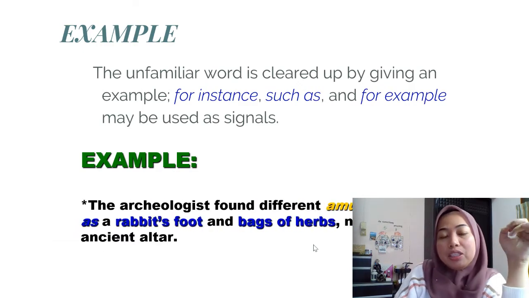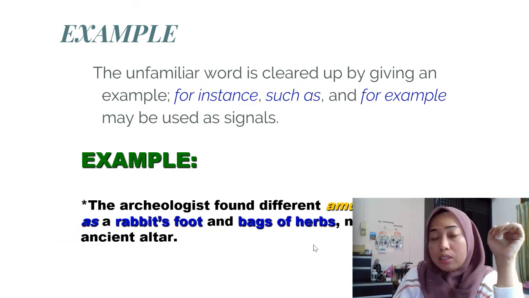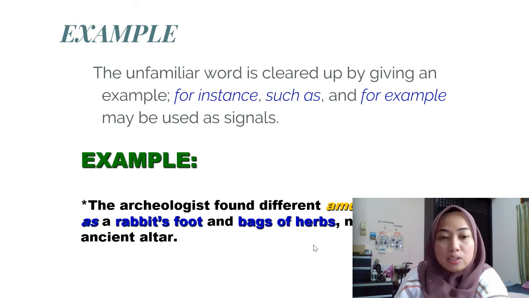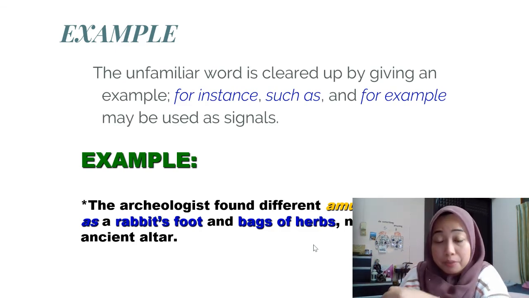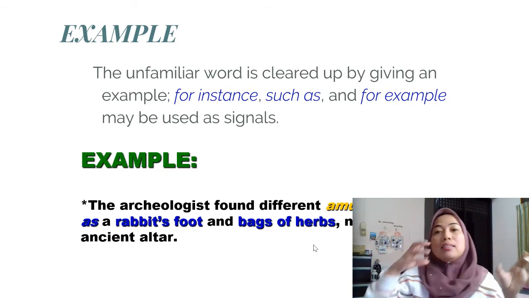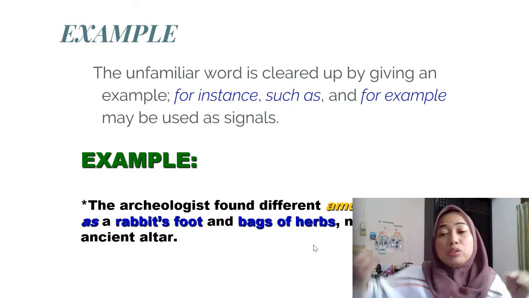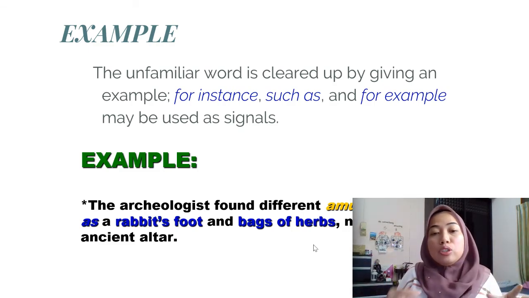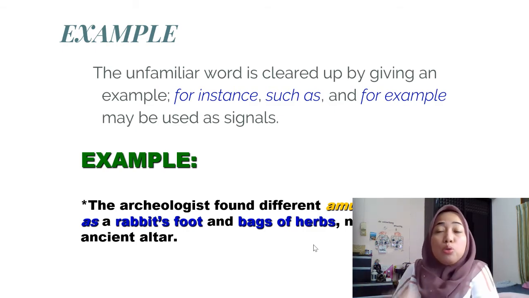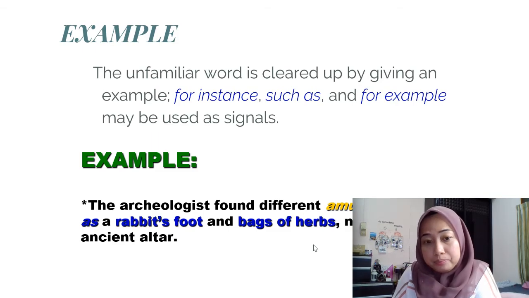Archaeologists found different amulets, such as rabbit foot, bags of herbs near the ancient altar. So amulets over here could be the unfamiliar word, and we're providing some samples or examples of amulets. So we can say that a rabbit's foot could be an amulet, and also bags of herbs could be an amulet as well.